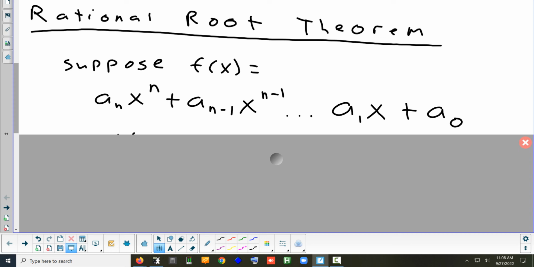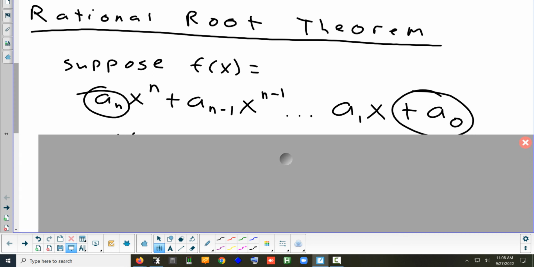So that would just represent a polynomial. There's only two things there that are really important. First, the coefficient of the first term and the constant. Those are the two things that we're going to focus on. The stuff in the middle, we really don't need.